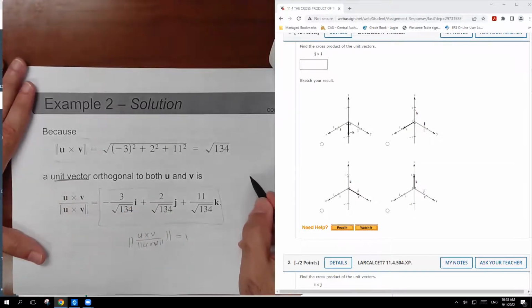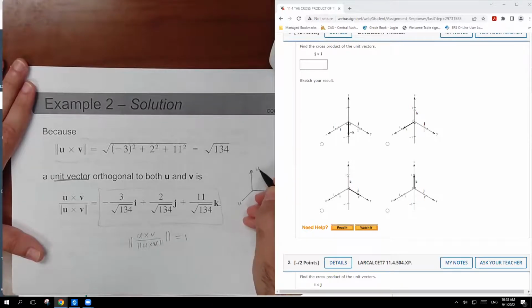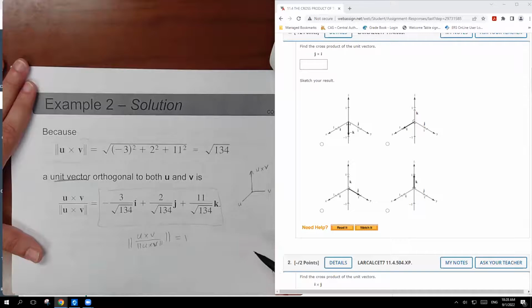For example, here is U, this is V, and this is U cross V. The cross product between U and V is always orthogonal to U and V. When we normalize this vector, we find a new vector.